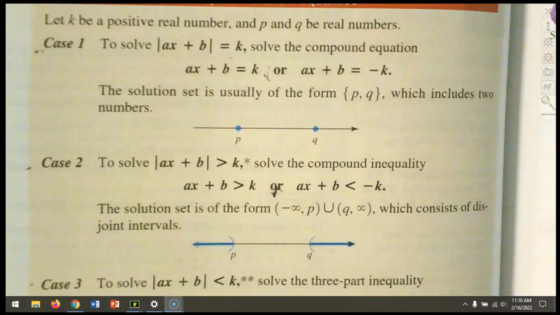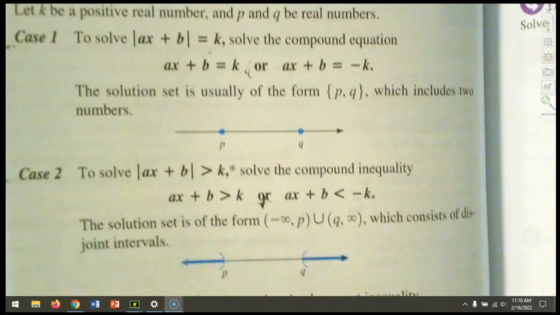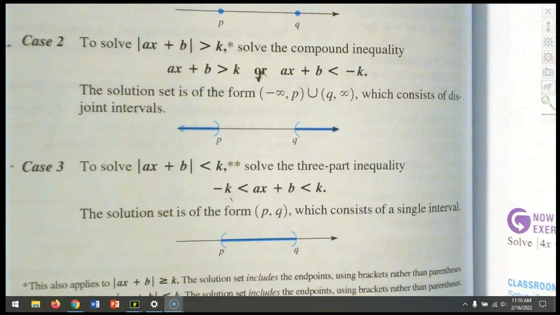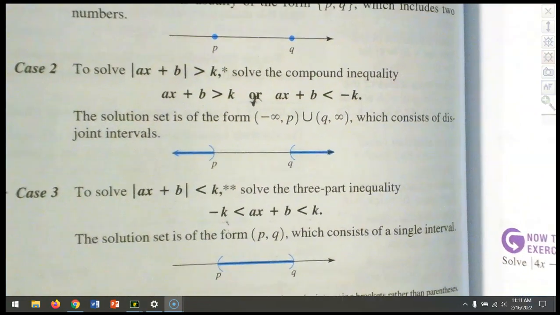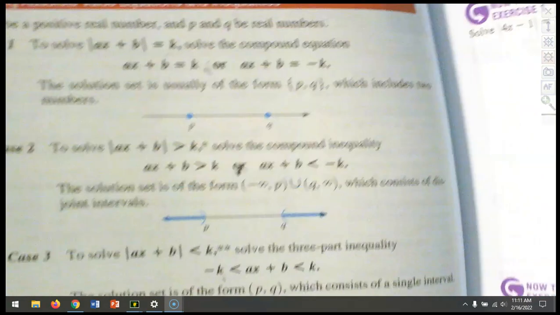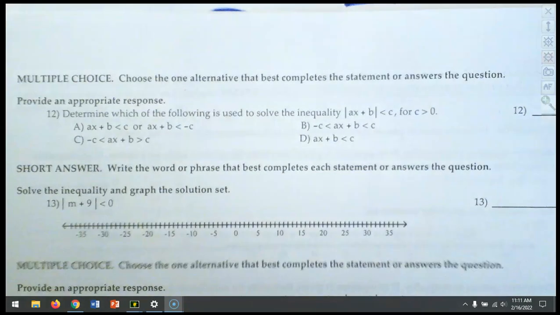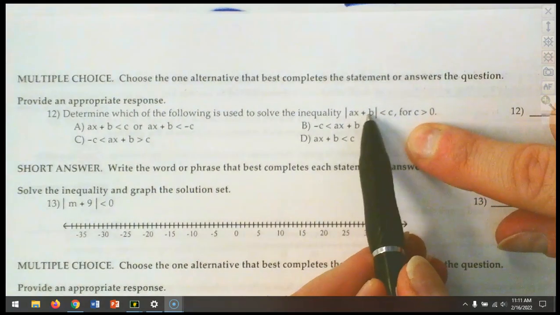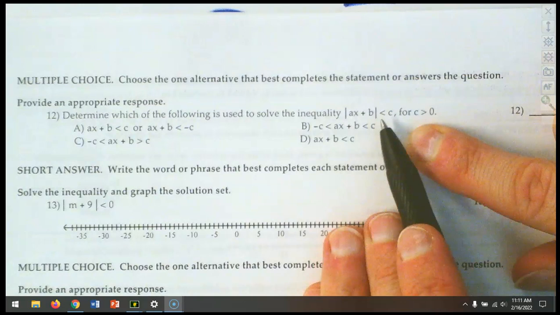If you look in your textbook on 126, there's these different cases. Now, we've already done these, and we've talked about them, we've solved them out. This is what we used a minute ago. We need to figure out which one of these does this come from.